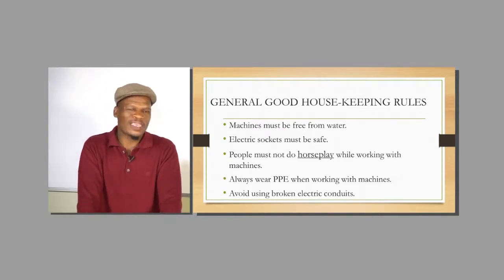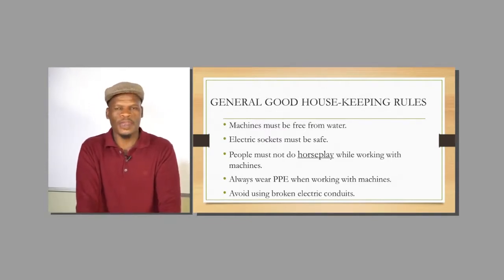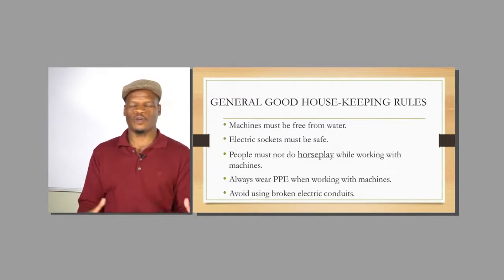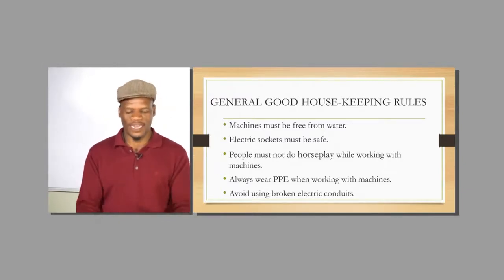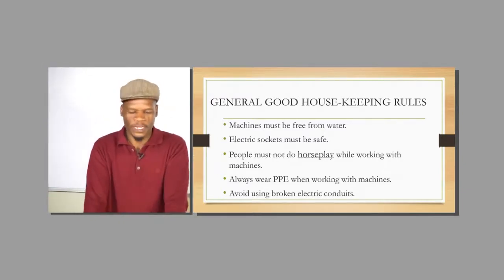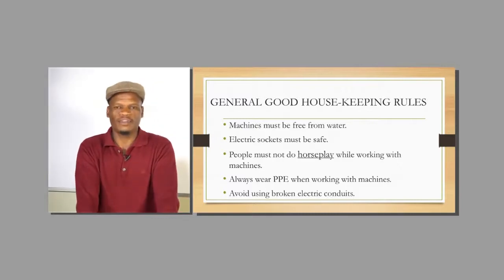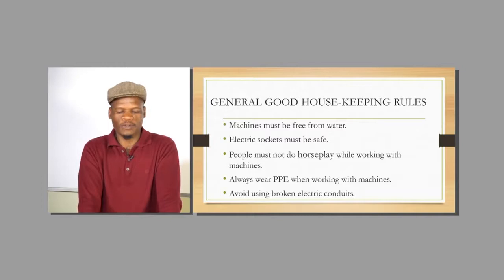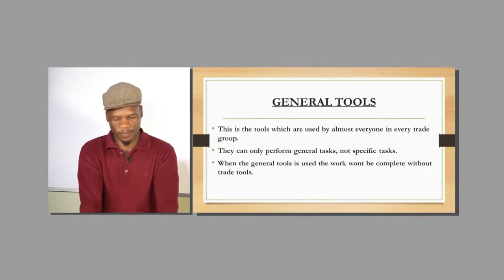Then if you are working inside the workshop, regardless of how many you are, avoid horseplay. Horseplay means playing around the workshop without taking care of what activity is going on in the workshop. And always make sure that you are fully equipped with PPE, and also avoid any open circuit on the floor, because otherwise you are going to get shocked.